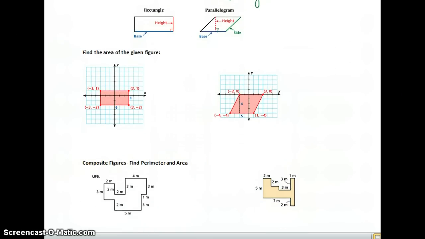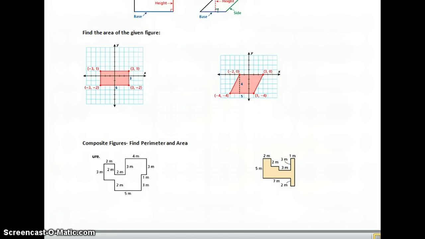So if we look at these two figures really quick, finding the area, okay, if we mark how long each of these sides is. So here we have 1, 2, 3, 4, 5, 6 units. That's its length, or its base. And then we have 3 units on the side.